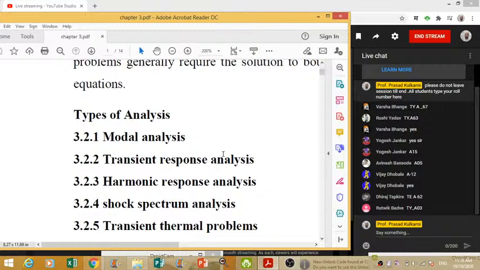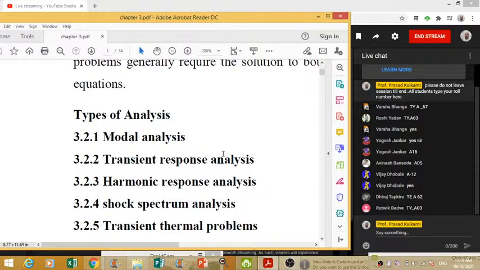Suppose some groups are taking analysis on a universal testing machine, and in the universal testing machine you want to break the component, and you want to check its strength. Someone is interested to check its static strength. So in that case you must have the non-linear data of the component available.